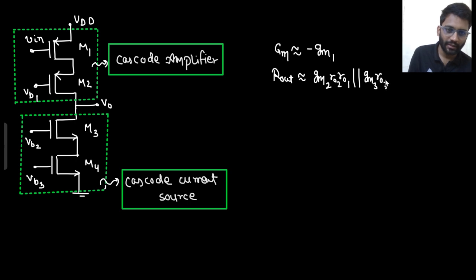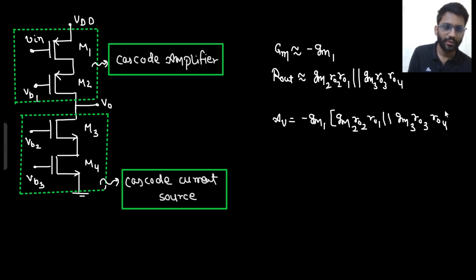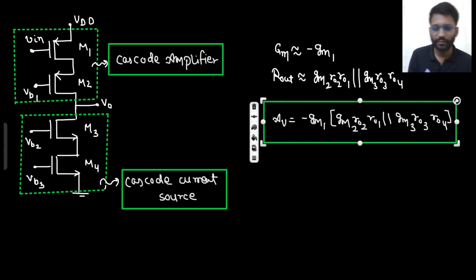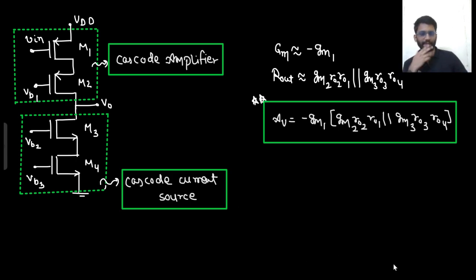So what will be the gain? The gain will be minus GM1 times GM2 R02 R01 in parallel to GM3 R03 R04. So this is the gain. Say yes or no, right? So this is the small signal gain.